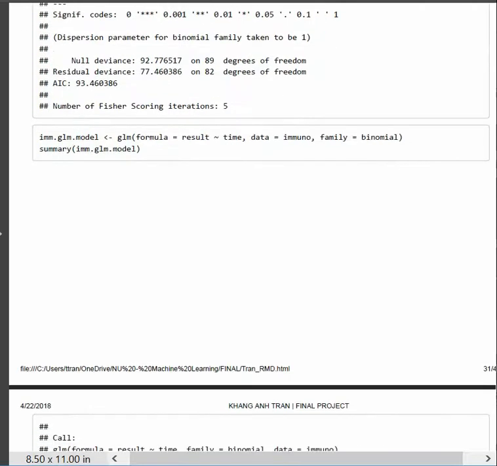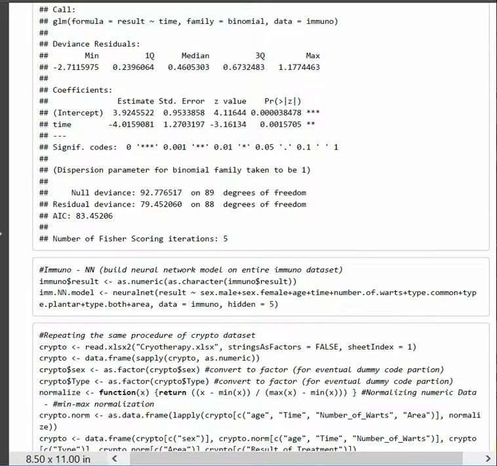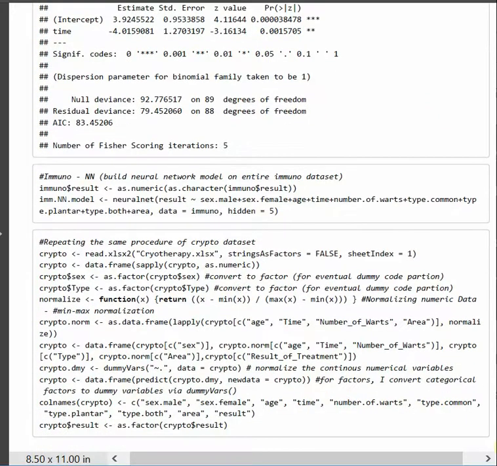And I built the neural networking model based on the entire immunotherapy dataset. And I pretty much did the same thing on the cryotherapy dataset. I built the KNN model, the logistic regression model, and the neural networking model on the entire cryotherapy dataset.